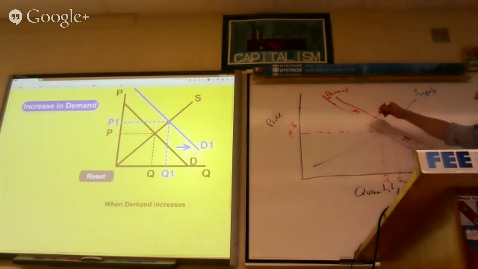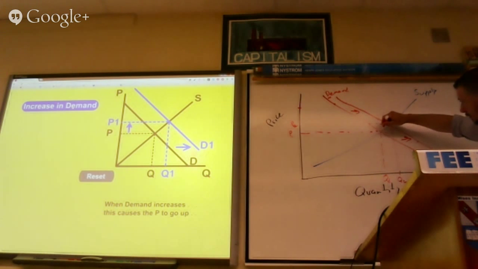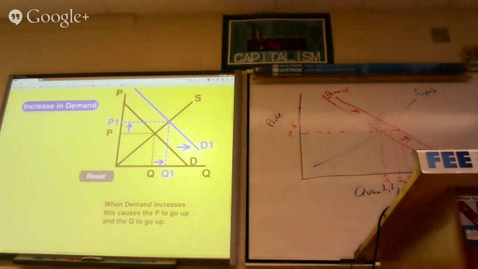So let's look at this. If I maintain this same price point, this is a quantity that I'm actually going to sell. Does that make sense? Okay.